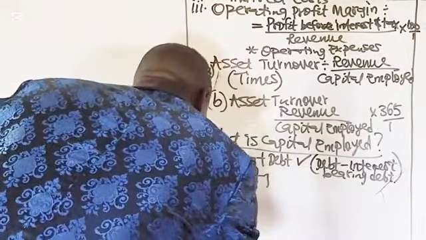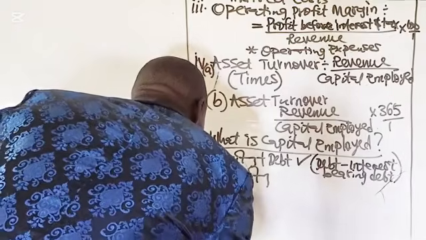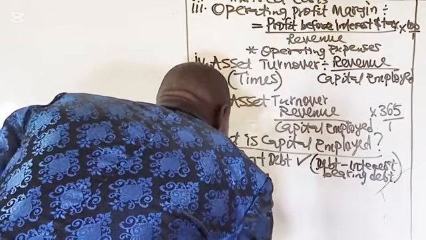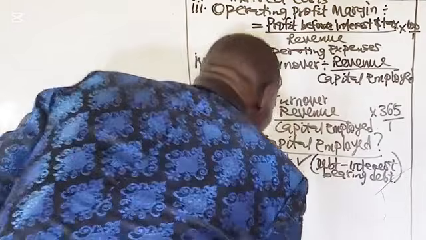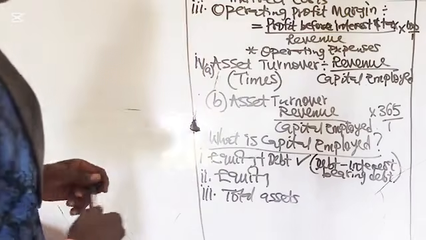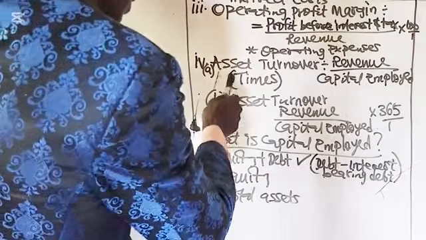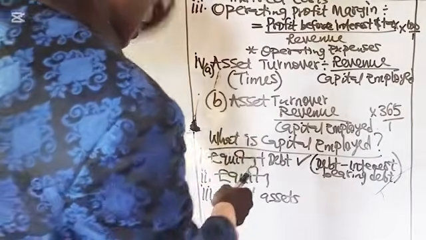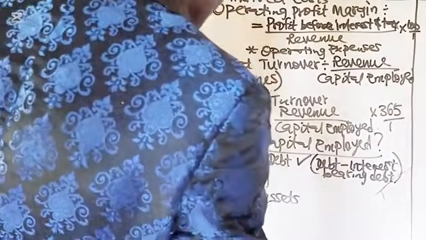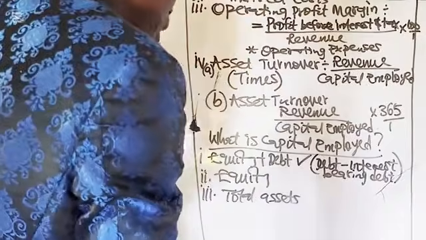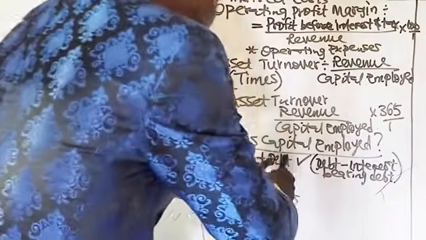And some definition could be capital employed equal to total assets. I'm still on the definition of capital employed. I'm not yet on ROS anyway. So, you could have your capital employed to be equity plus debt.